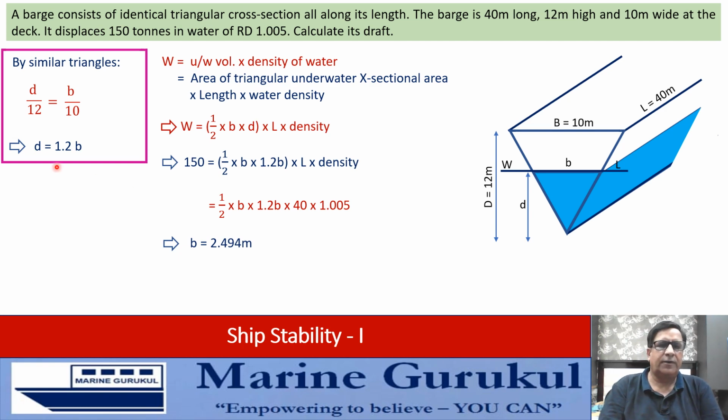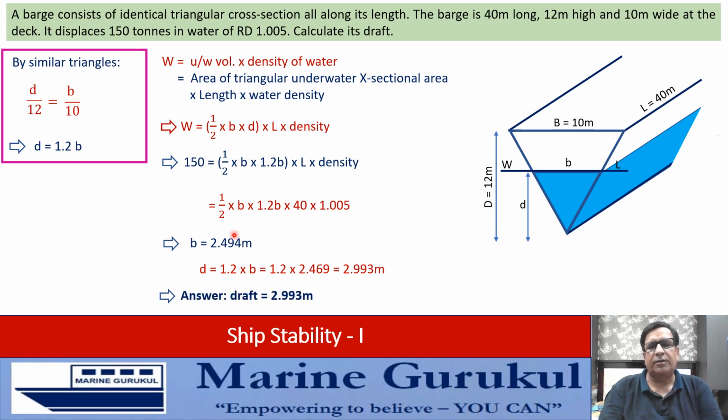And we already have a relationship between d and b, d being 1.2 times b, the draft becomes 2.993 meters. Therefore, the draft of the barge is 2.993 meters.